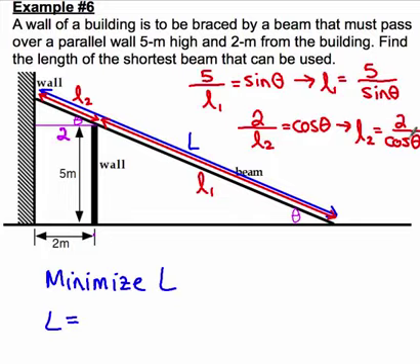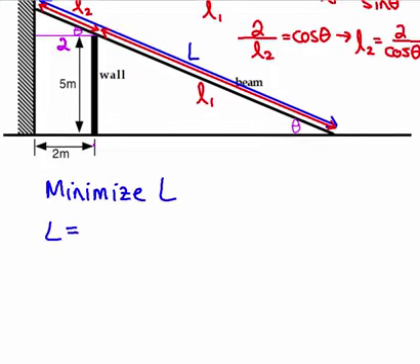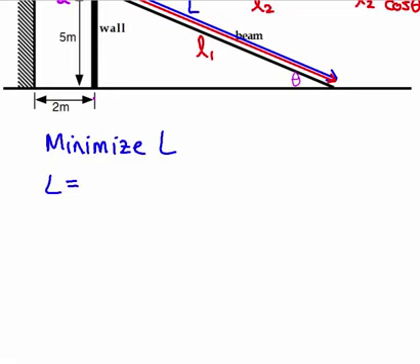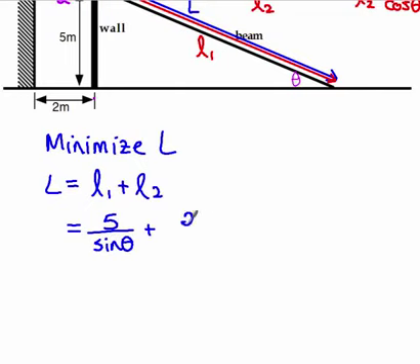So now I have L1 and L2 both written in terms of theta, and that solves the problem of getting a formula for L in terms of a single unknown. I had the formula L equals L1 plus L2, and I can now write that as 5 over sine theta plus 2 over cosine theta. So now I have a formula for the variable I'm trying to minimize in terms of a single unknown.